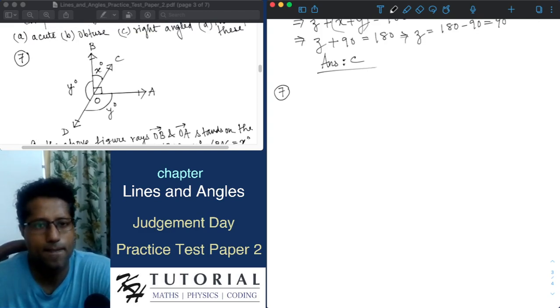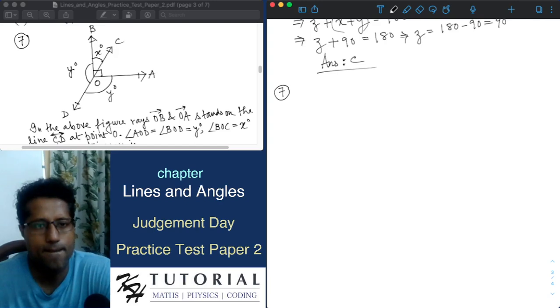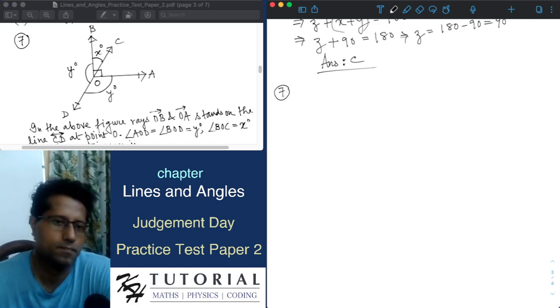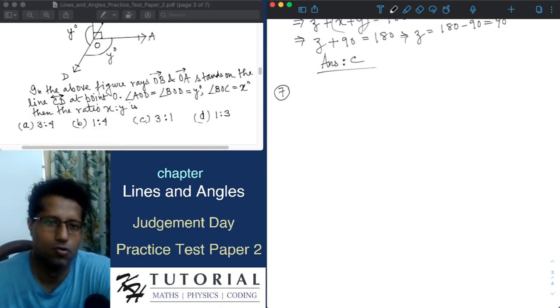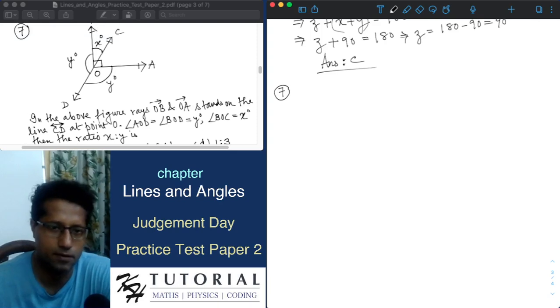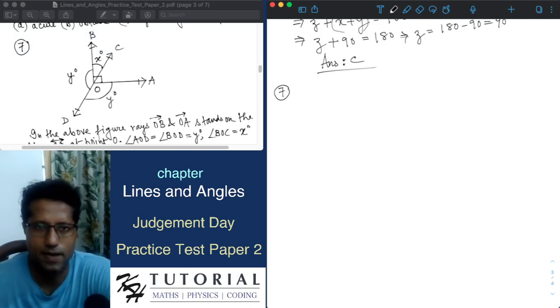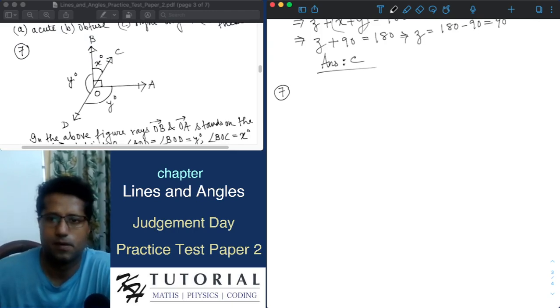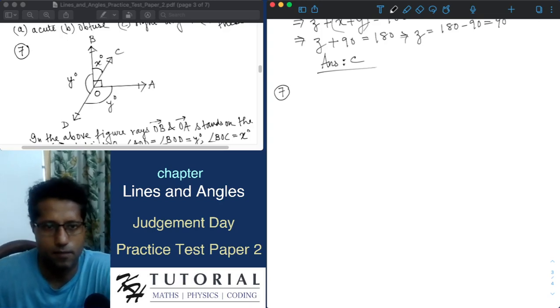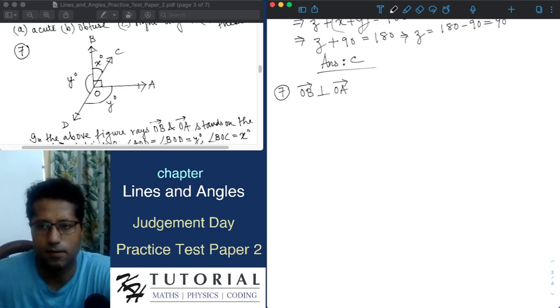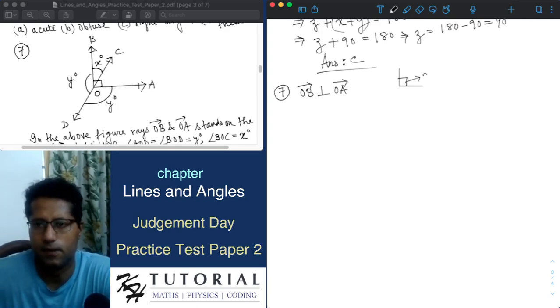Now please note that even though it is not written in the question, the diagram shows that ray OB is perpendicular to ray OA, because this sign means 90 degree.